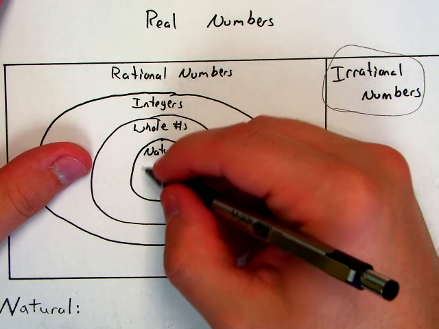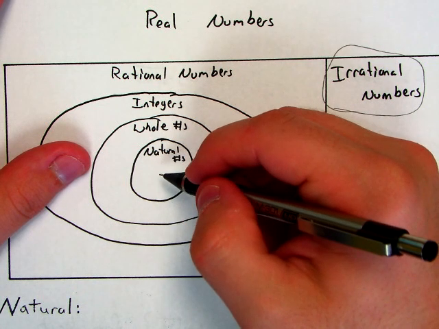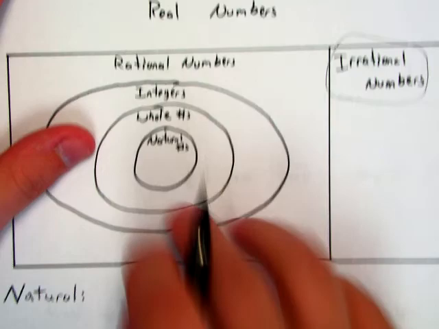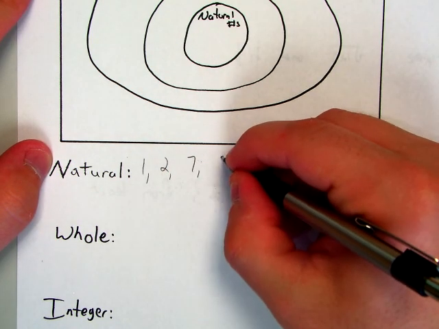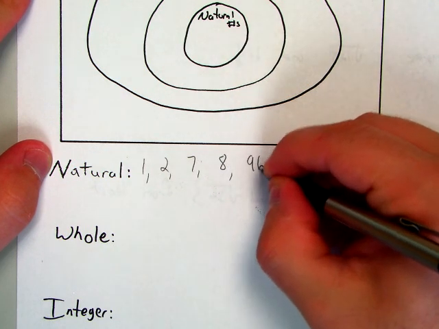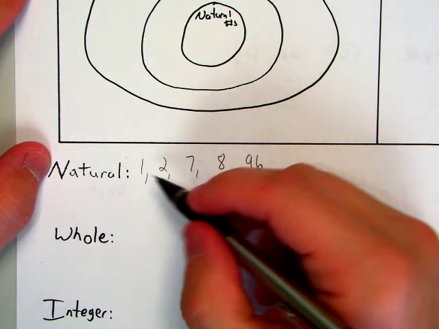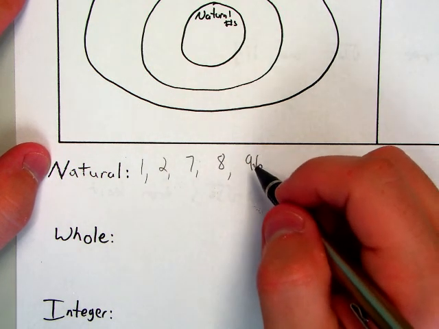So natural numbers, these are numbers here that are positive numbers without any fractions or decimals. So that'd be like some examples: 1, 2, 7, 8, 96. Those are some examples of natural numbers. There aren't any decimals. There's no negative numbers.